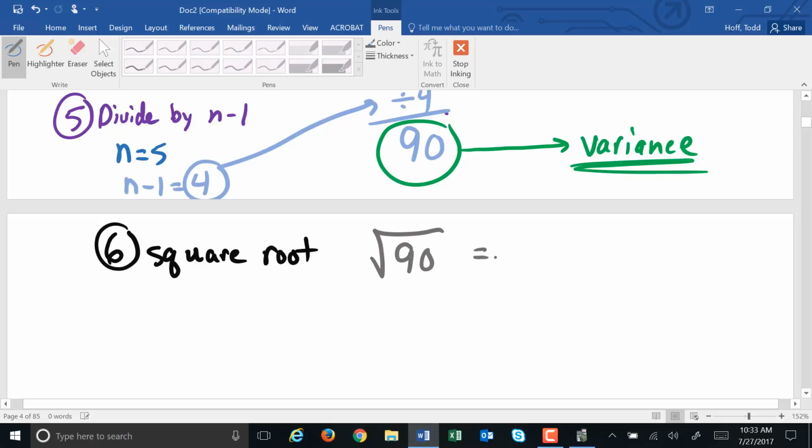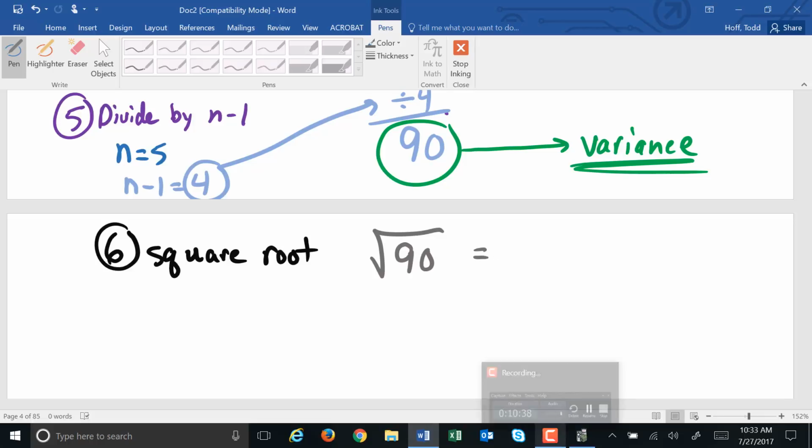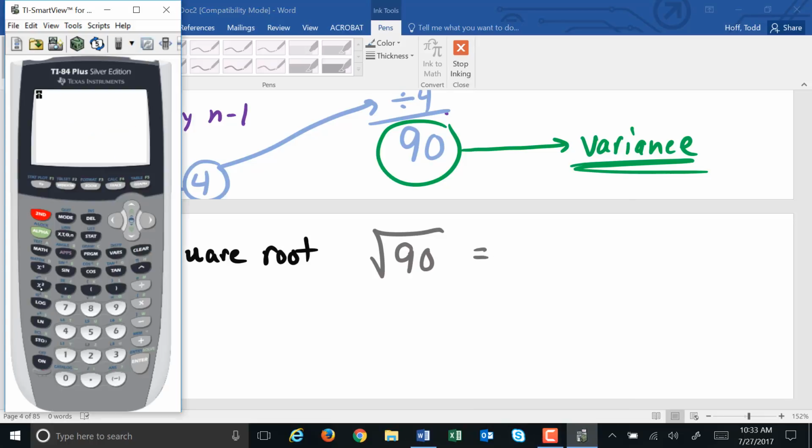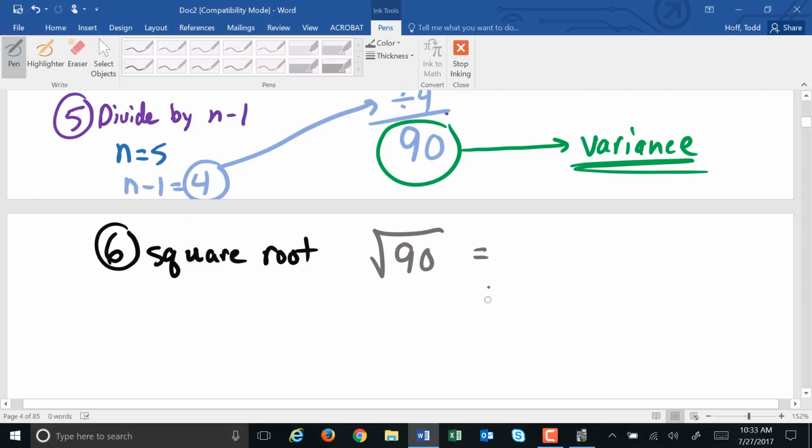A lot of people screw this up, the difference between squared and square root. Squaring, you're multiplying it by itself. Usually you're getting larger if it's a number bigger than 1. Square root, you're reversing that, so if it's bigger than 1, you're getting a smaller number. So you do second squared, this gives you the square root symbol, of 90 should give us 9.49.